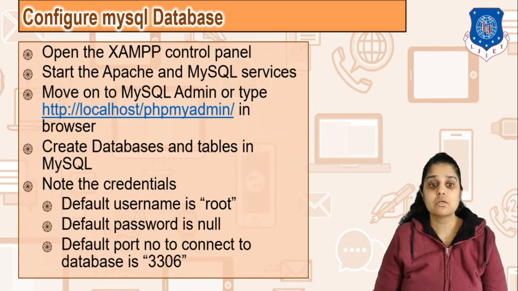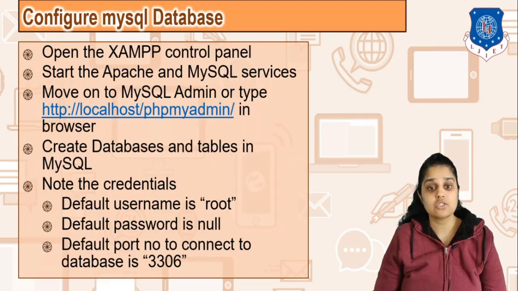The XAMPP server will help you to connect with MySQL, and we are going to perform the operations using the control panel of XAMPP. So first you will open the XAMPP control panel. Inside the XAMPP control panel, you will start your Apache as well as your MySQL services. After starting these services, you will be able to access your MySQL database.